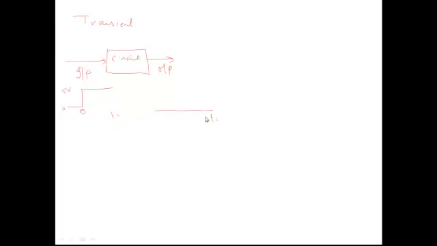This is the time axis. Until 0, you want a sudden change, it should go suddenly to 5 volts. This will happen if you do not have any storage element inside the circuit. So this is without a storage element, whereas if you have a storage element like inductance and capacitance, you cannot expect the sudden change at the instant.